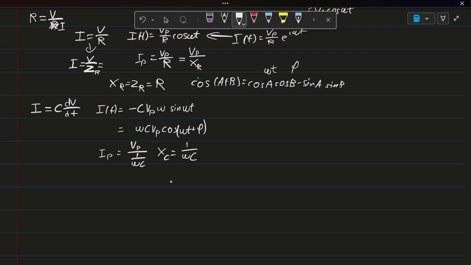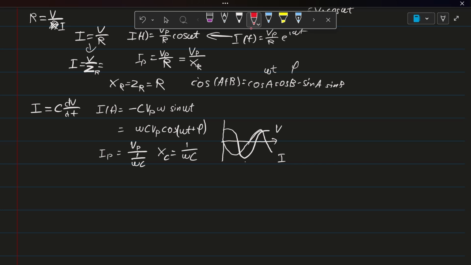But in here I want to sketch a little bit of the graph. So if we try to plot this within a graph, we can put cosine something like this, and then the negative sine will go somewhere like this. Oh yeah, something like that. So this is our current, this is our voltage.